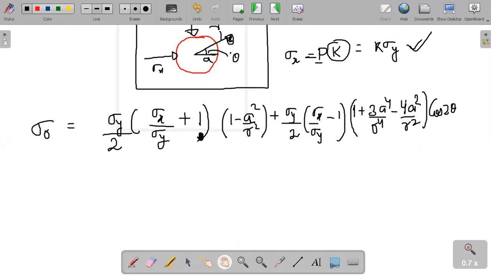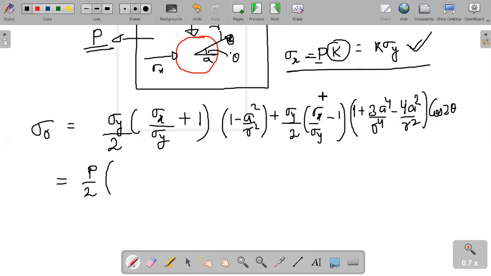So what is the value of sigma y we have taken here? p. Yes, sir, p by 2. Now what is sigma x by sigma y from here? K, plus 1 minus a square by r square. What is a?